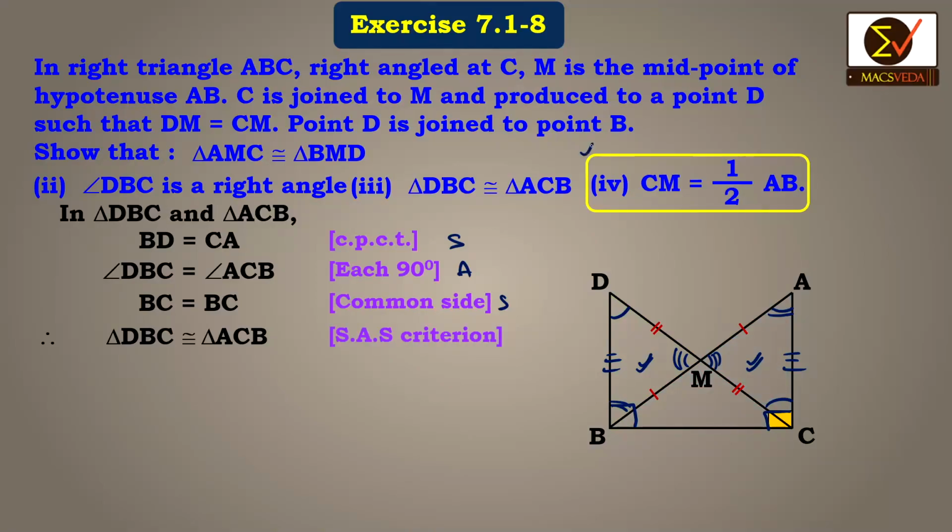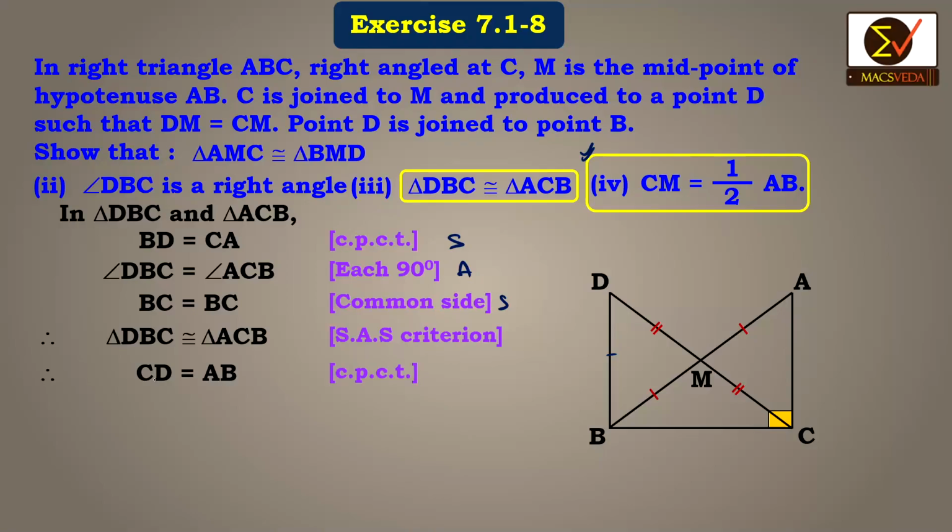Now, let us try to prove the last problem, that is CM is equal to half AB. Triangle DBC is congruent to triangle ACB. If you consider these two triangles, the side CD and side AB are equal, because these two triangles are congruent, meaning corresponding parts of congruent triangles are the same.